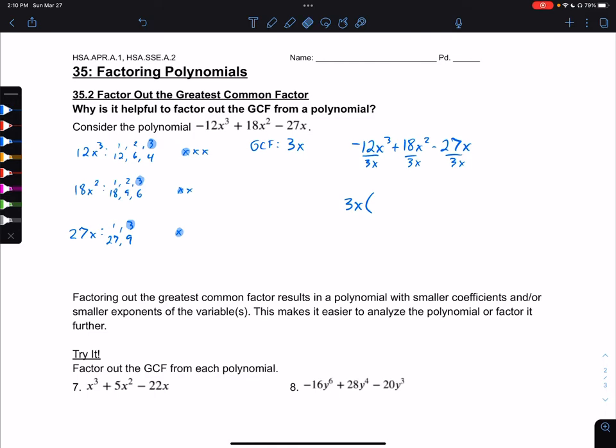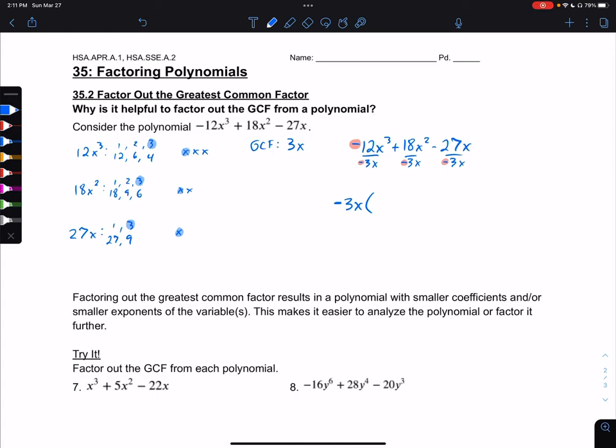Now, what I do want to point out, and I mentioned this in the last video, we do want to look at this negative here. We generally do not want our leading term to be negative. So to get rid of that, we are going to divide or factor out a negative 3x instead, because a negative divided by a negative would create a positive number. Okay, so we want our leading coefficient to be positive.